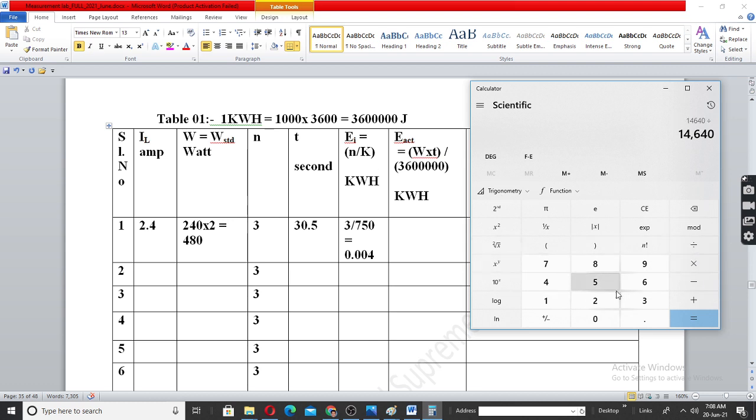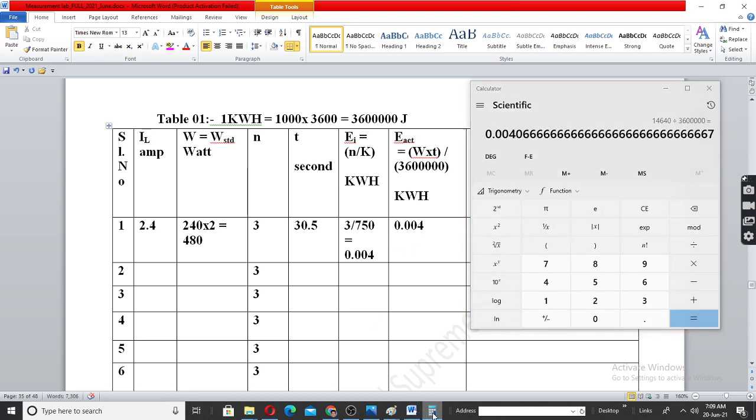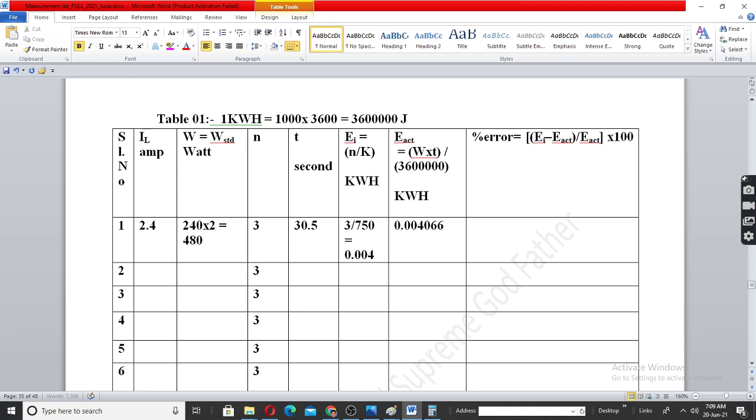Divide by 36 lakhs, and you will get the actual energy consumed, because this is a standard, good watt meter. So 0.004066.